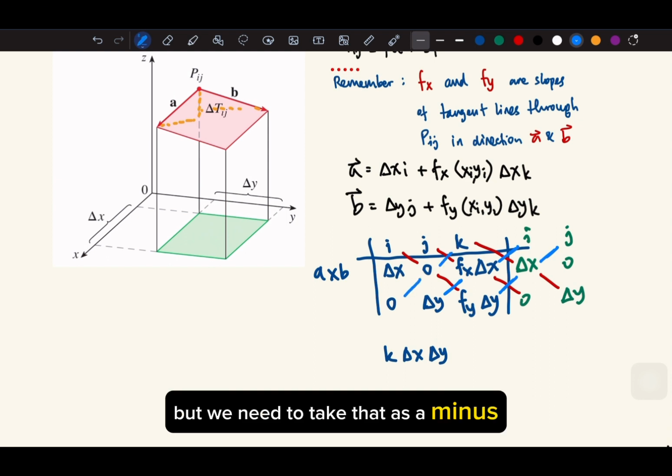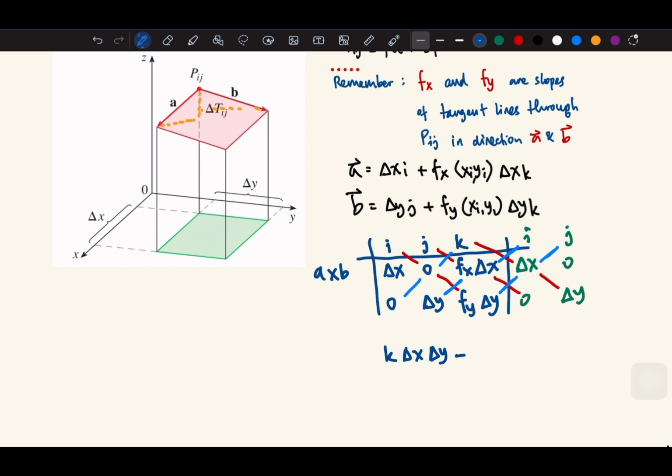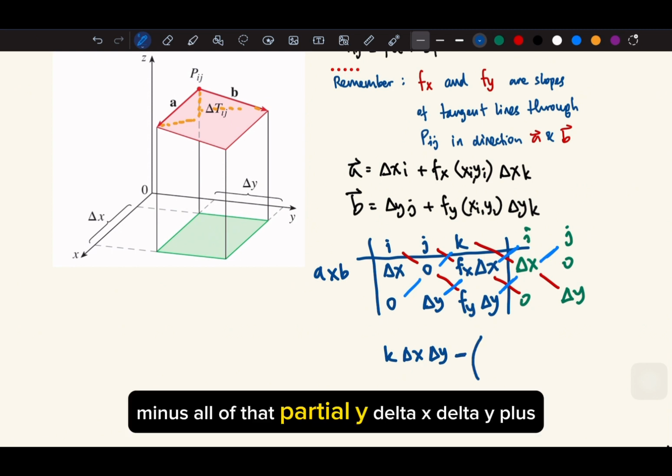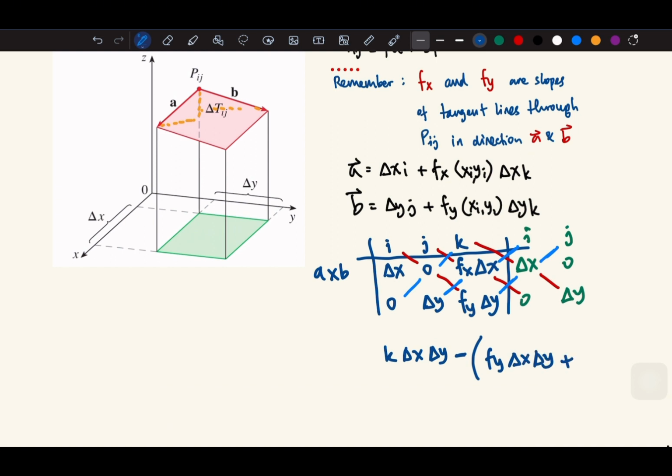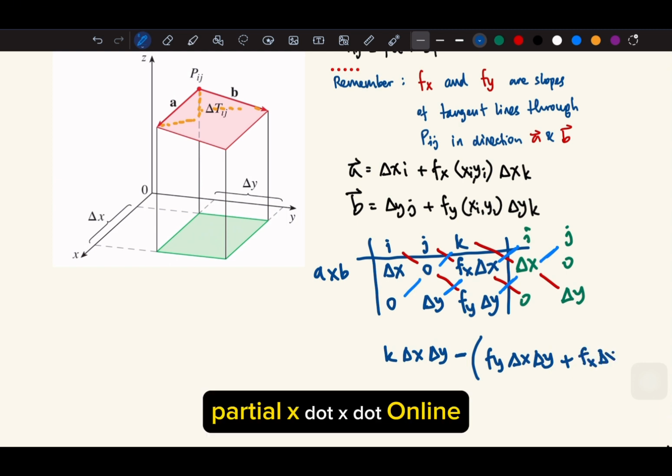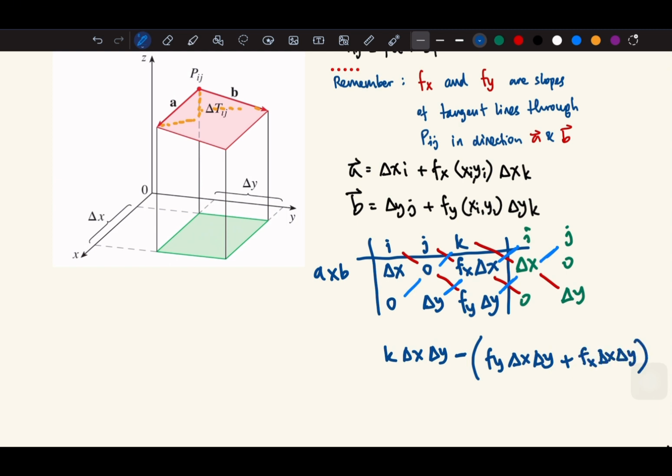But we need to take that as a minus. Minus all of that, partial Y delta X delta Y, plus partial X delta Y.